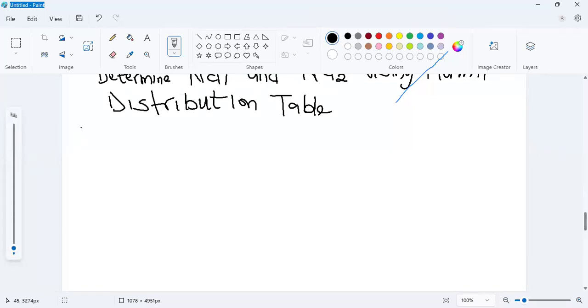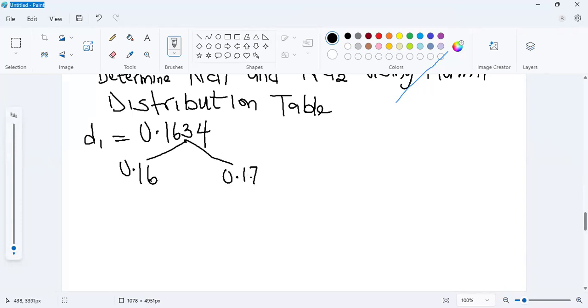You start with your D1. Our D1 is 0.1634. Once you have this, establish a range. This number lies between 0.16 and 0.17.